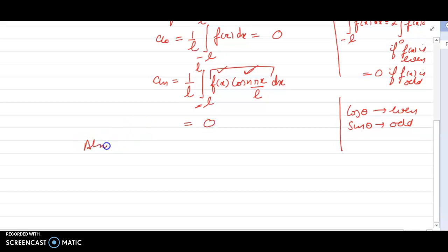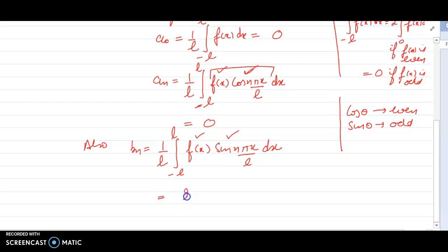Also, what about bn? bn is 1 by L integral from minus L to L f of x sine of n pi x by L dx. Now f x is odd, sin x is odd, product of odd and odd is even.